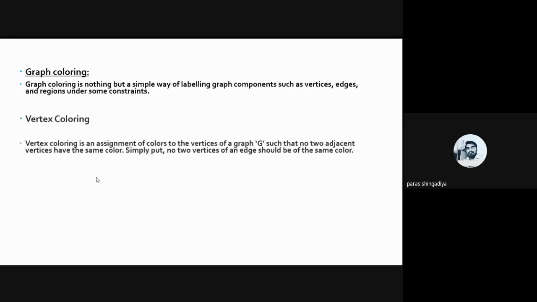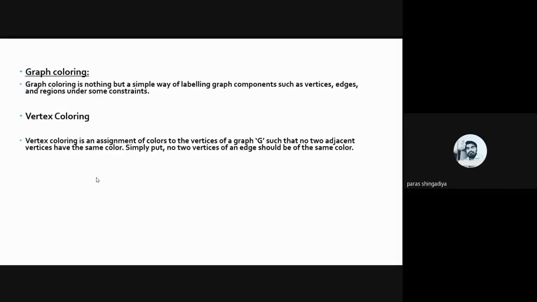So what are the conditions? So let us check the first one. Okay, you have to create a vertex coloring, means you have to fill the color to all vertices of the graph. That is known as vertex coloring. So what is its definition?